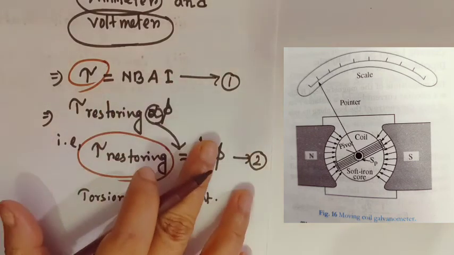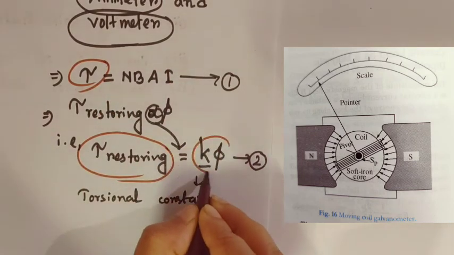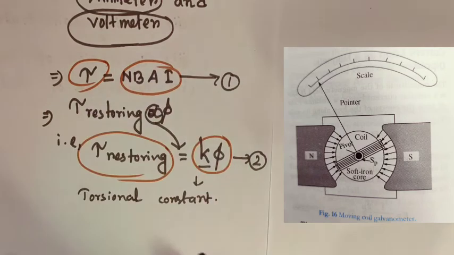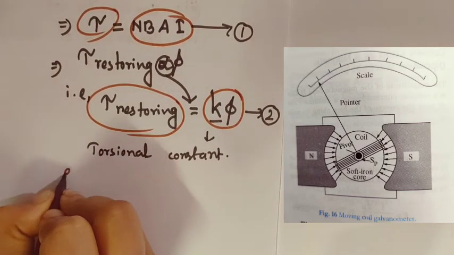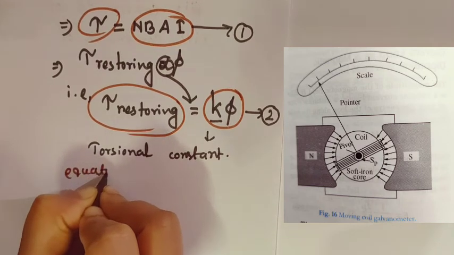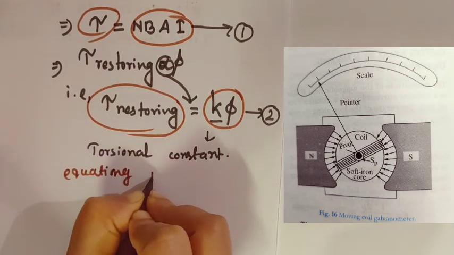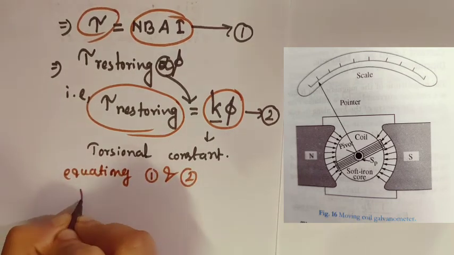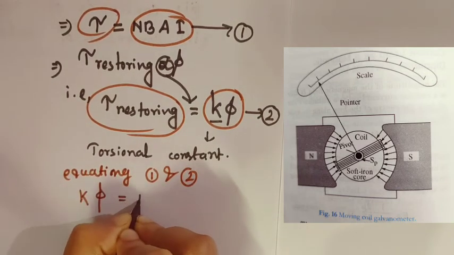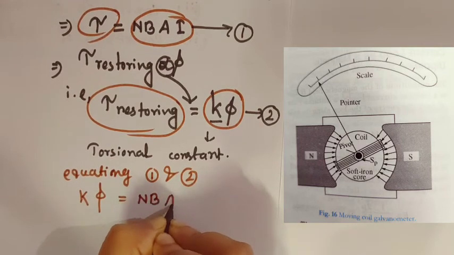So from these two equations we can equate the right hand sides. That means K phi is equal to NBAI. So equating equations 1 and 2, we can write K phi is equal to NBAI.